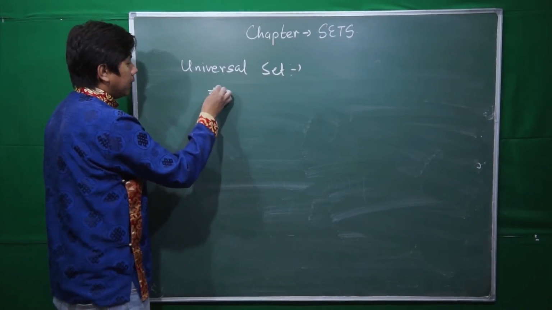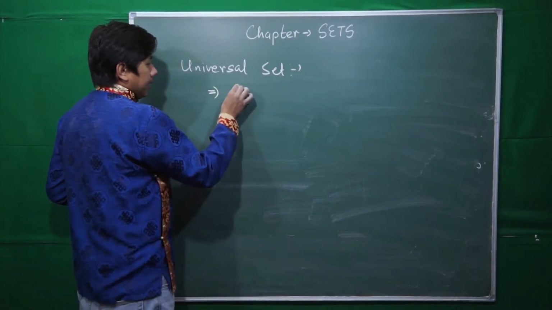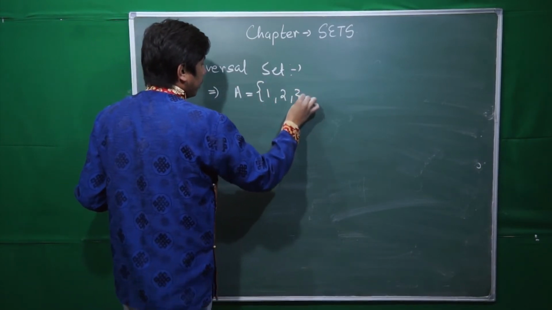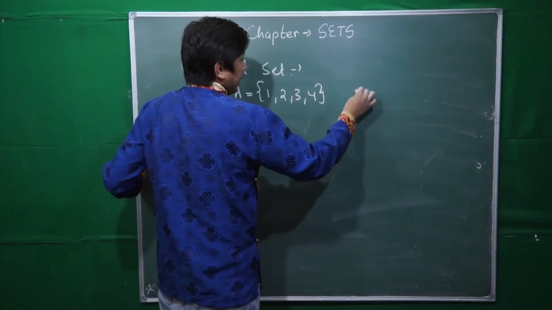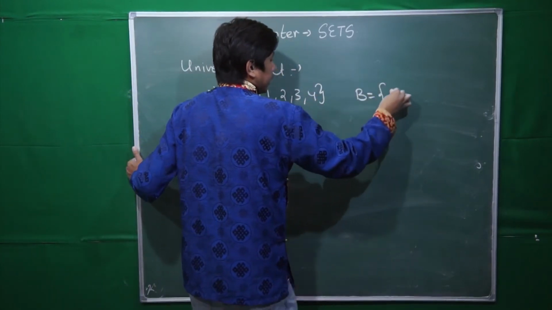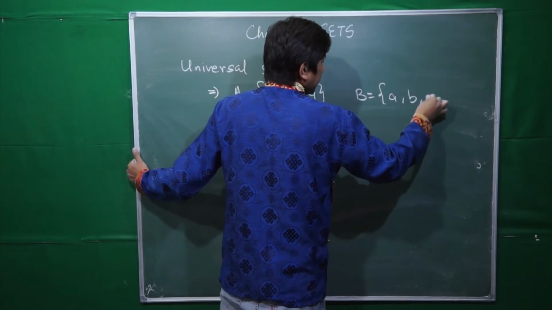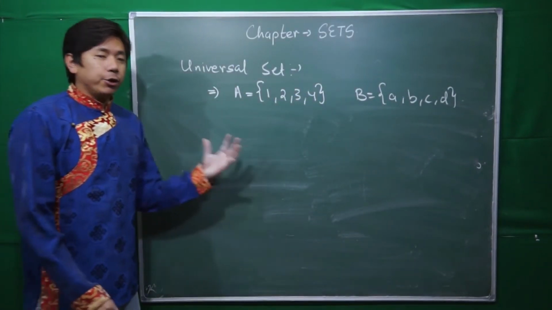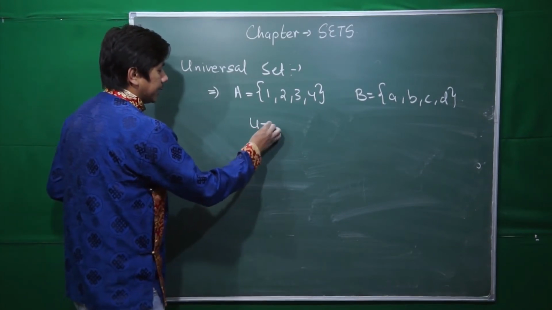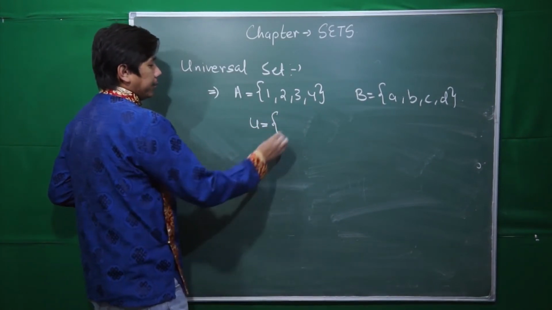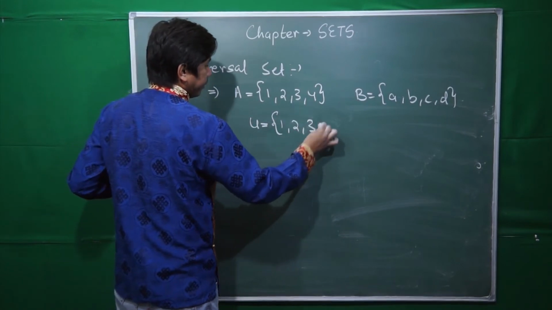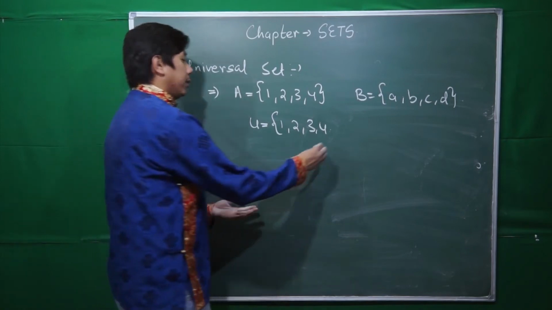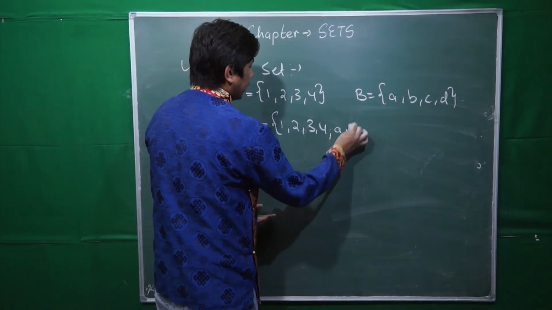Or we can say, take an example, let A be a set {1, 2, 3, 4}, and let B be another set with certain values A, B, C, and D. Then, in this case, a universal set would be a set that contains all the elements of A, 1, 2, 3, 4, included with all the elements of B as well.